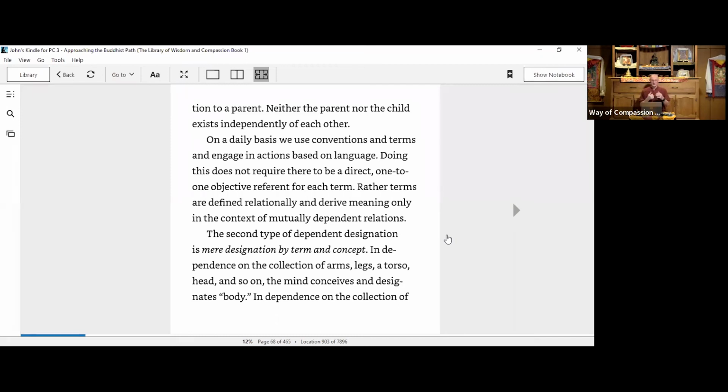And so that's where we're getting to, that the second type of dependent designation is a mere designation based on term and concept. But we don't recognize that. We really think this inherently is an HP laptop, PC, operating system, from its own side, independent, separate.